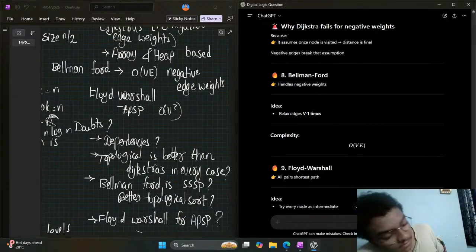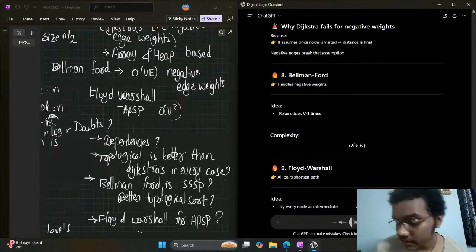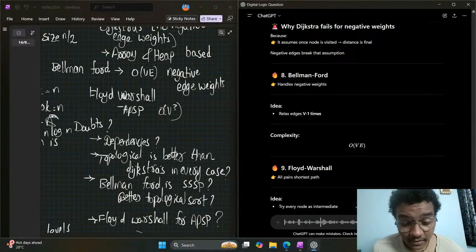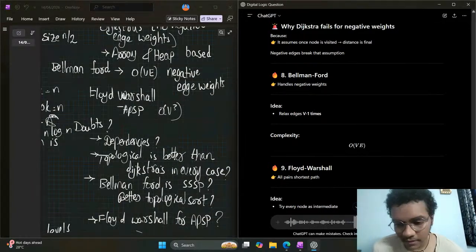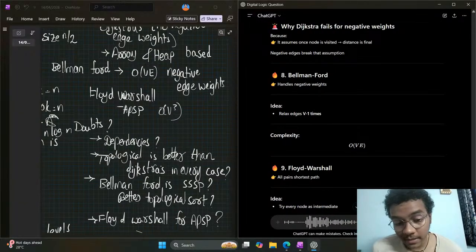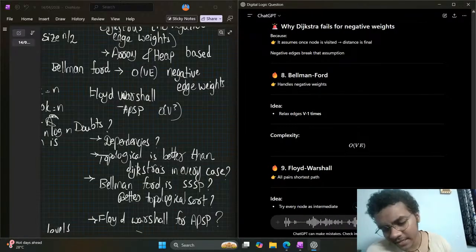Firstly, you need to explain the topological sort in more detail since I have not literally studied it once, and what are the dependencies. And is topological sort better than Dijkstra's algorithm in every case, or are we talking in only a particular case? And Bellman-Ford algorithm is for finding the single shortest path, right? And which is better, like is topological sort better than the Bellman-Ford algorithm? And Floyd-Warshall is the only algorithm that you have mentioned for all pair shortest path, right? I just need a clear explanation. That's it.